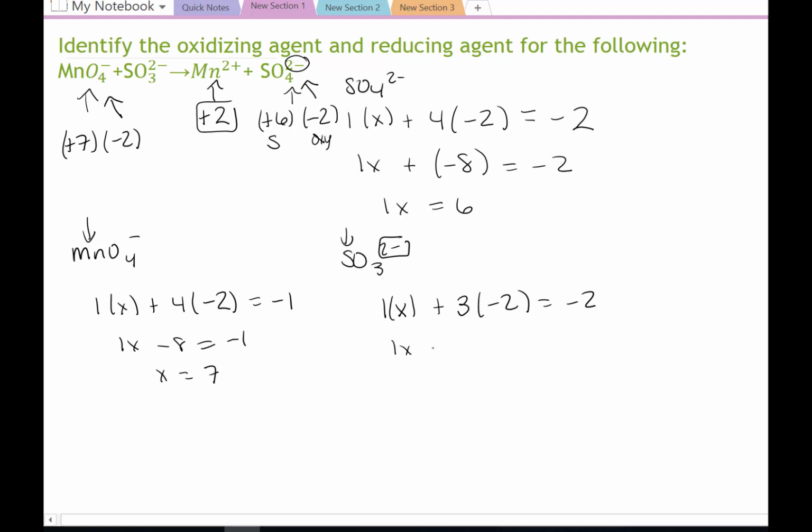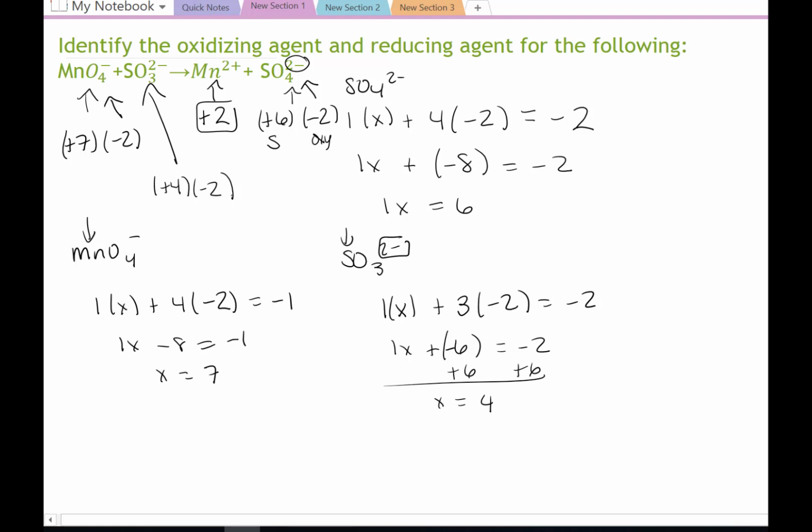So 1x is equal to plus -6, and we have equals -2. We add 6 to both sides, and we get x is equal to 4. So sulfur is going to be +4 and oxygen's -2.